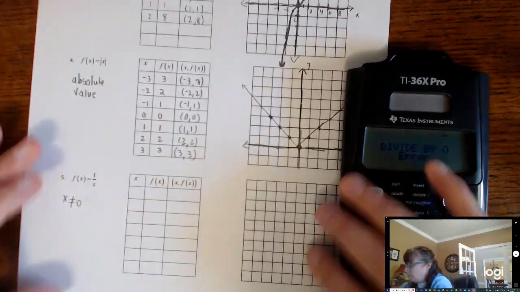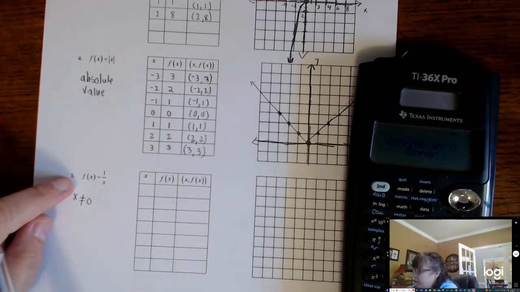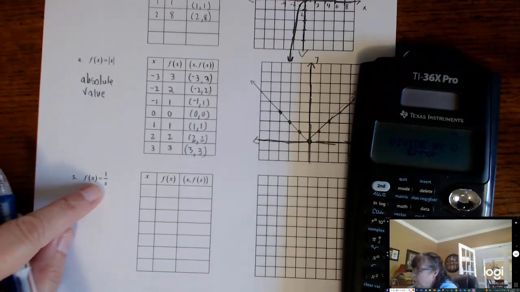So I'm going to use the table to do this. Now, this is a very interesting one because not only do you want to put some negatives in, you want to put some small values in as well.